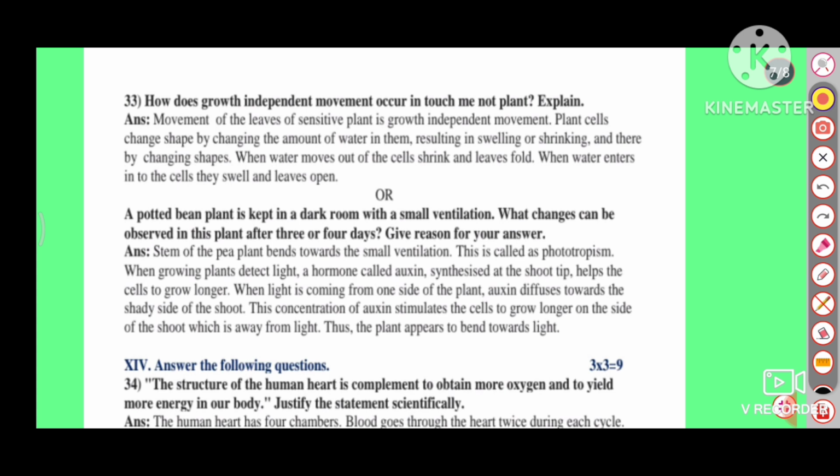This concentration of auxin stimulates the cells to grow longer on the side of the shoot which is away from light. Thus the plant appears to bend towards light.